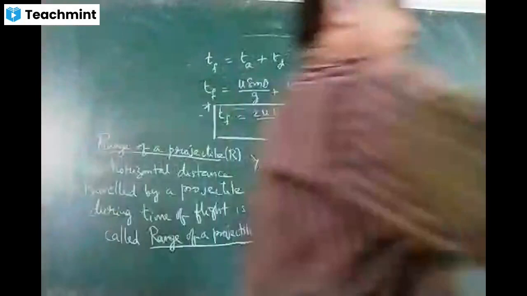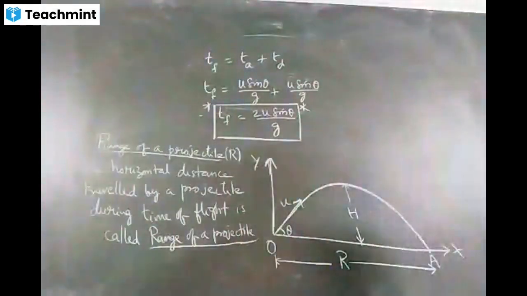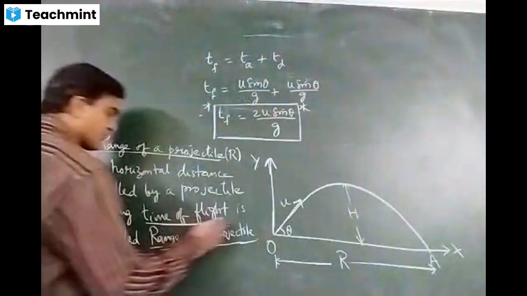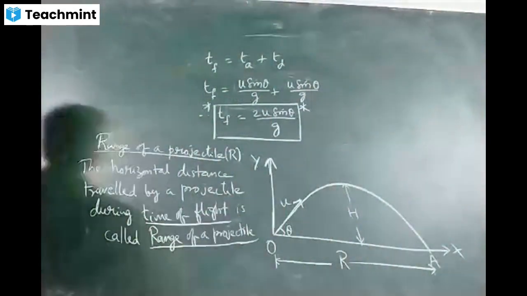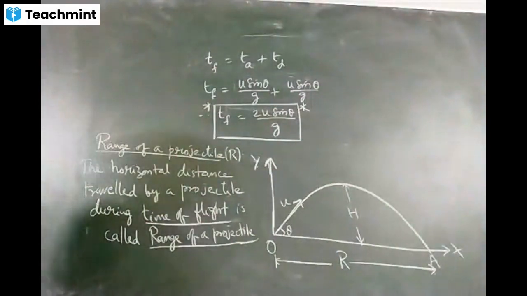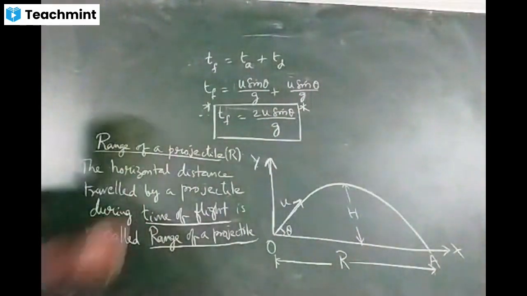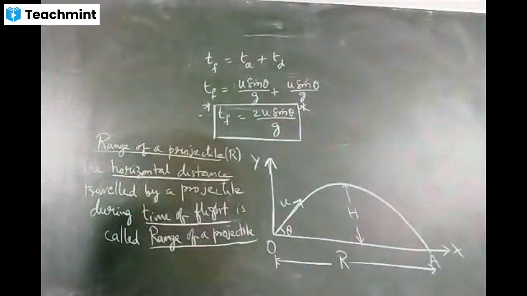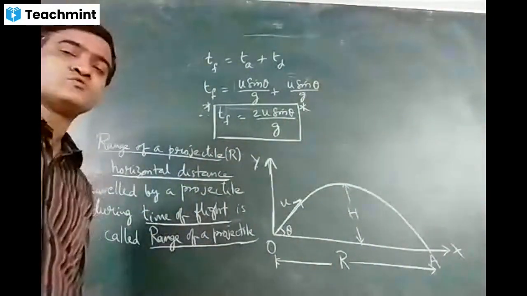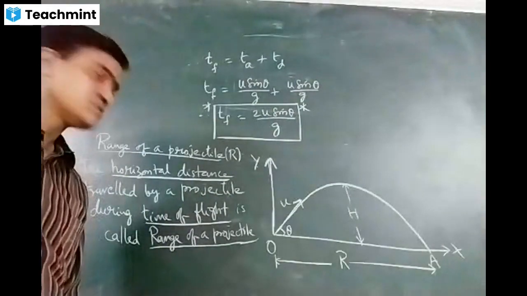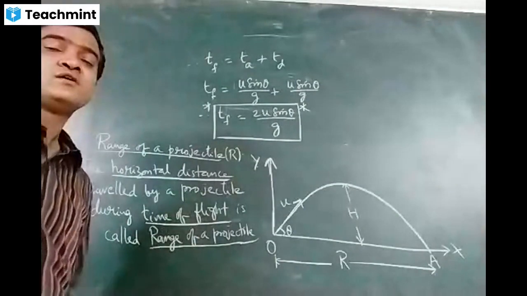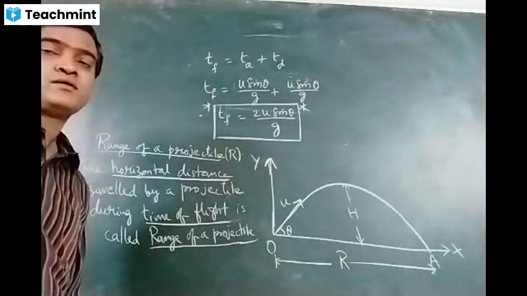Now, in the definition itself, I am using the word time of flight. And one more word you can see: horizontal distance. In this, I have distance and time.